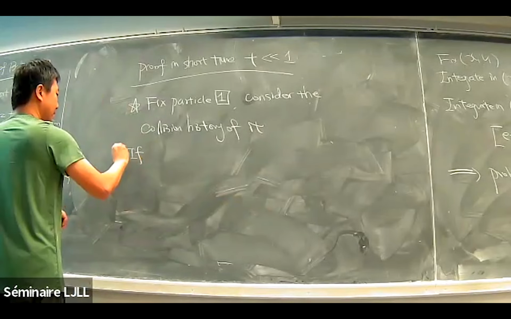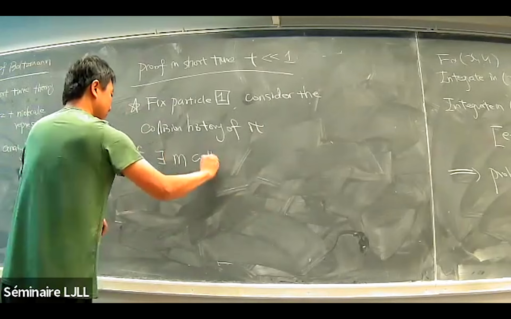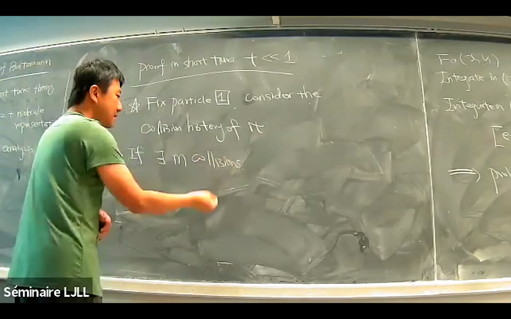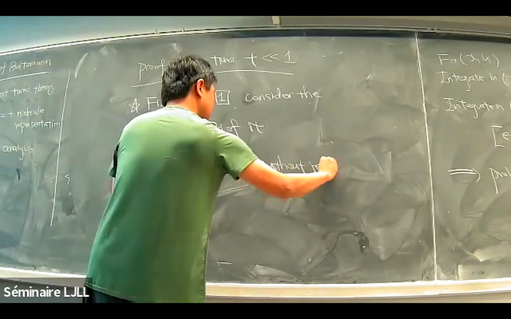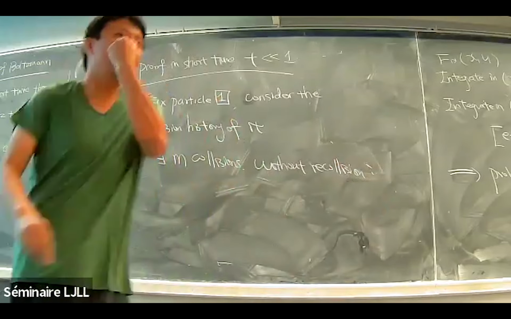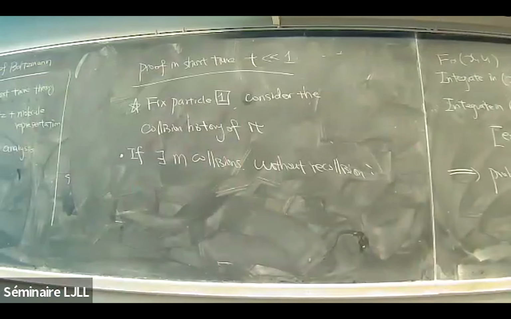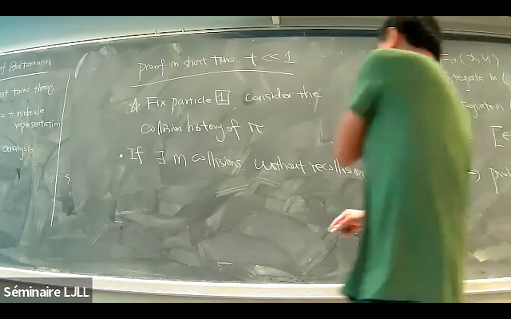If there exist m collisions and without recollision, as you have this picture and you have m, you're going to have a t to the n minus 1.